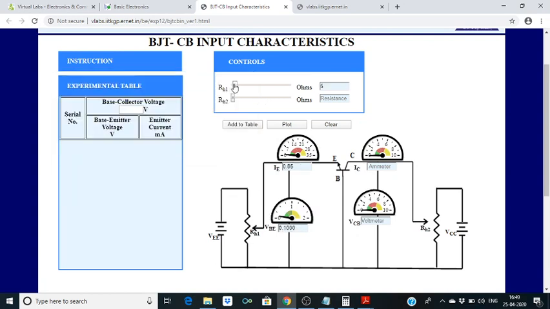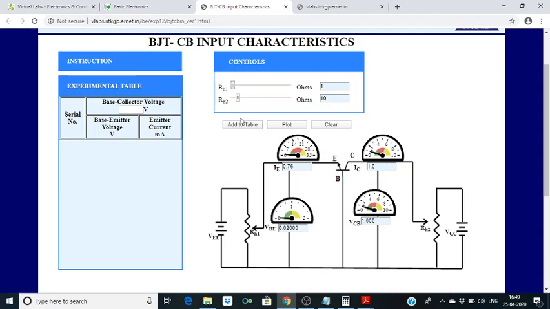Now first we will make both these rheostats to 1, then we will make this VCB equal to 1 volt. Now we will change this input rheostat to get different values of VBE, and then we will plot the IE versus VBE plot.